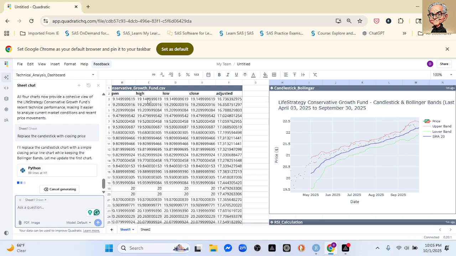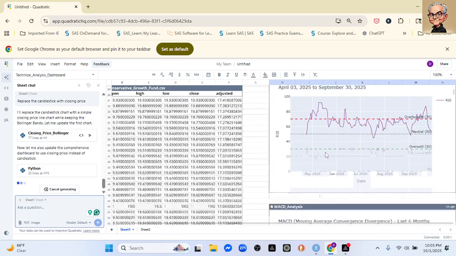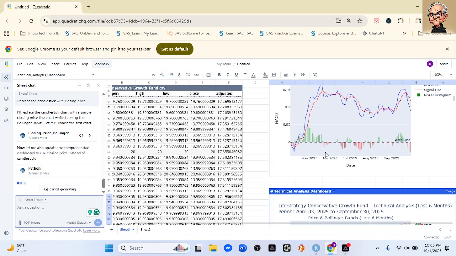And stock funds like this, mutual funds, there is no high and low price, and there's no volume. Okay, that's much better. This looks very nice, actually.